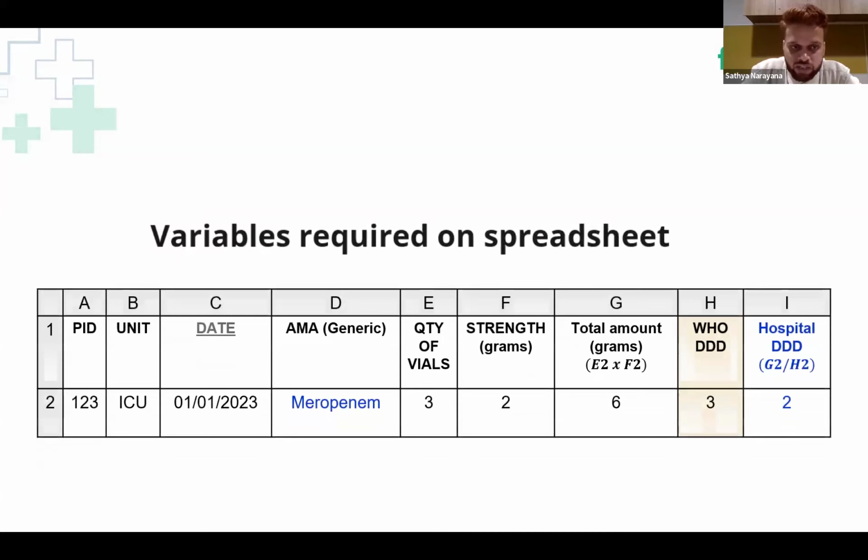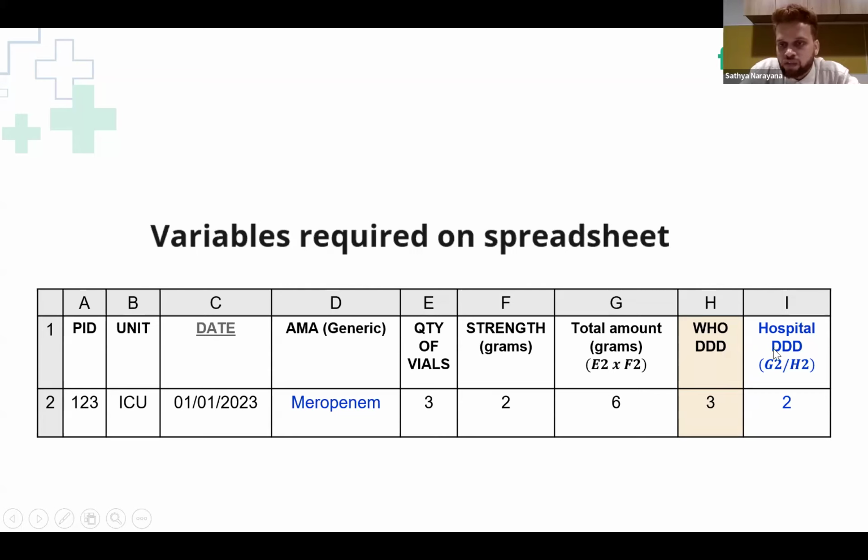This is how we will represent it on an Excel sheet: demographics, where the patient was admitted, the day of admission, the antibiotic in generic name, how many vials, the strength of each vial. For calculating this, we can use a pivot table in the Excel sheet so that the calculation is easy. And the WHO DDD value is a constant, 3.